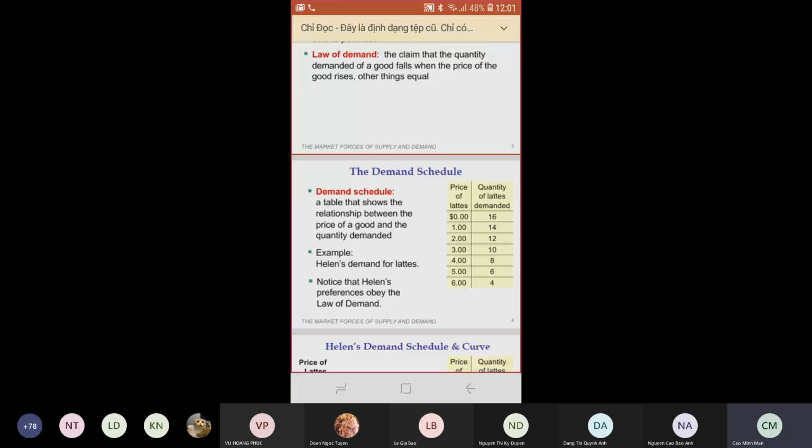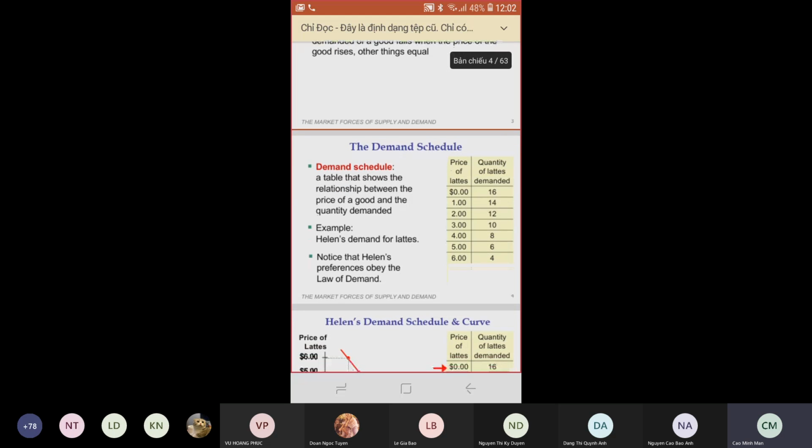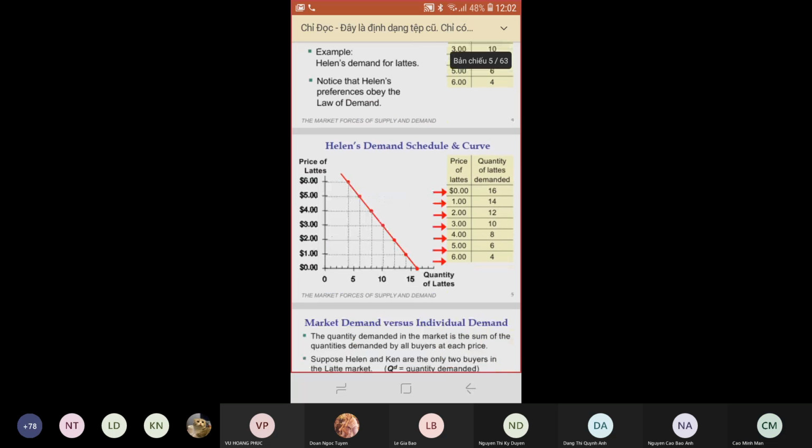Other things are the same, are equal. When the price is higher, demand is lower. And when the price is lower, demand is higher. This is law of demand. I told you, easy part. This one.